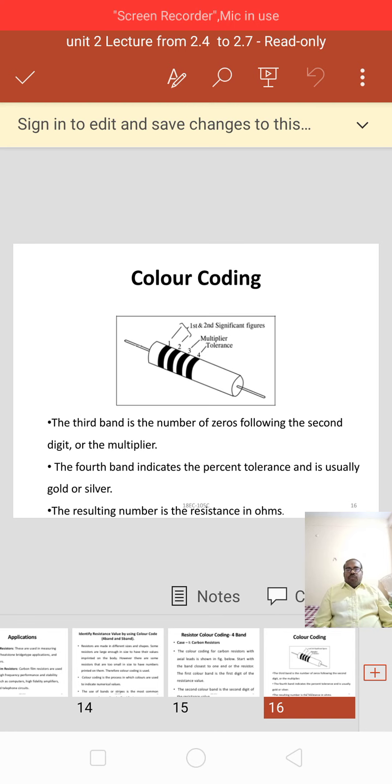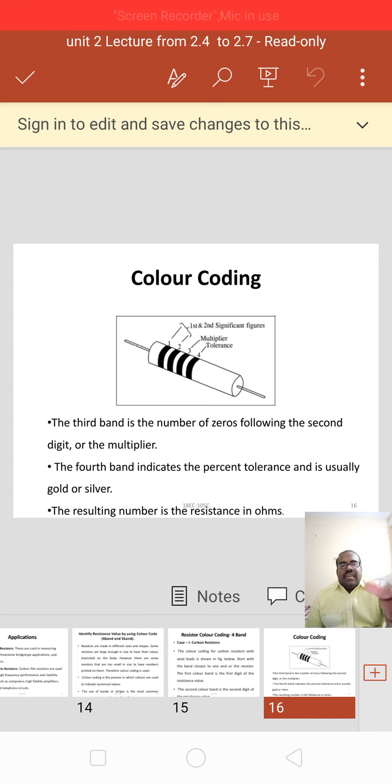The fourth band indicates the percent tolerance and is usually gold or silver. The resulting number is the resistance in ohms. By this we can calculate or identify the resistance value of the resistor in the 4-band color coding technique.